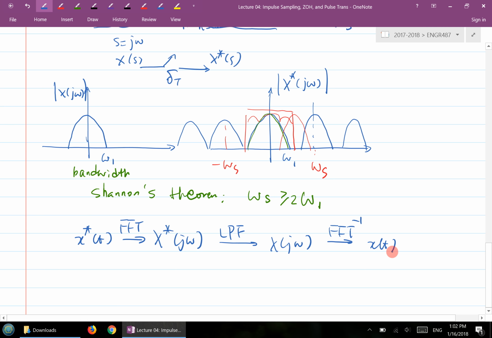Okay, yeah. So that's this connection here, between x of t, x star of t, x of s, and the capital X of s here.